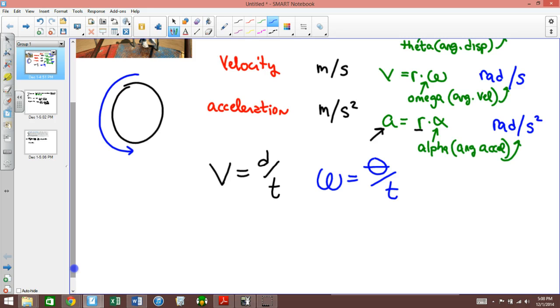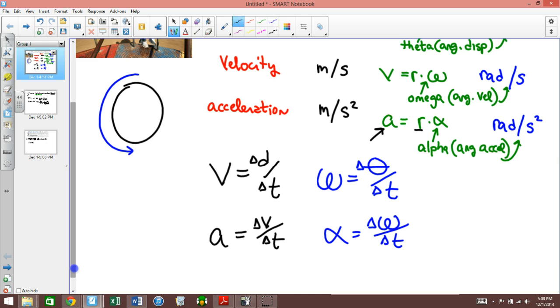And just like acceleration equals your change in velocity over your change in time, so too does angular acceleration equal your change in angular velocity over time.